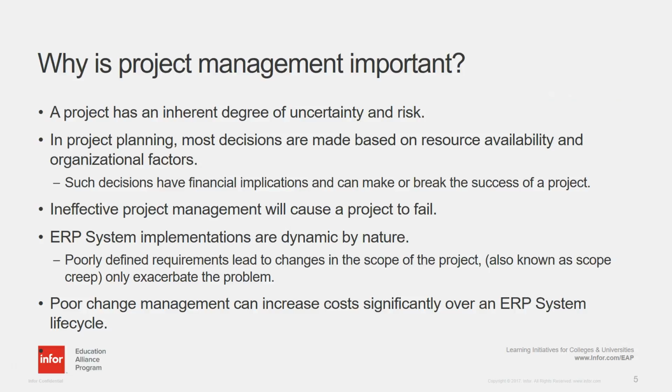And so it exacerbates all kinds of problems. These constant changes in the scope are commonly referred to as scope creep. Poor change management over time is going to impact, even after implementation, the life cycle of an ERP system.